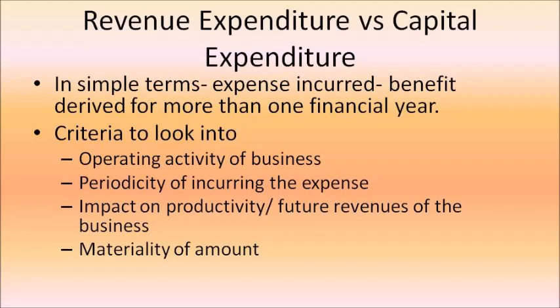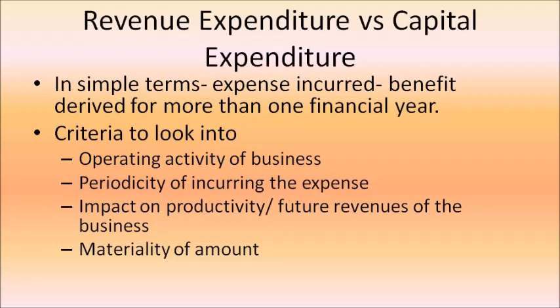Secondly, periodicity of incurring the expense. In case of a manufacturing concern, the purchase of machinery is a capital expenditure because they incur it not every time, not very often. They incur it in one particular financial year. Of course, those machines get used for more years over its useful life.